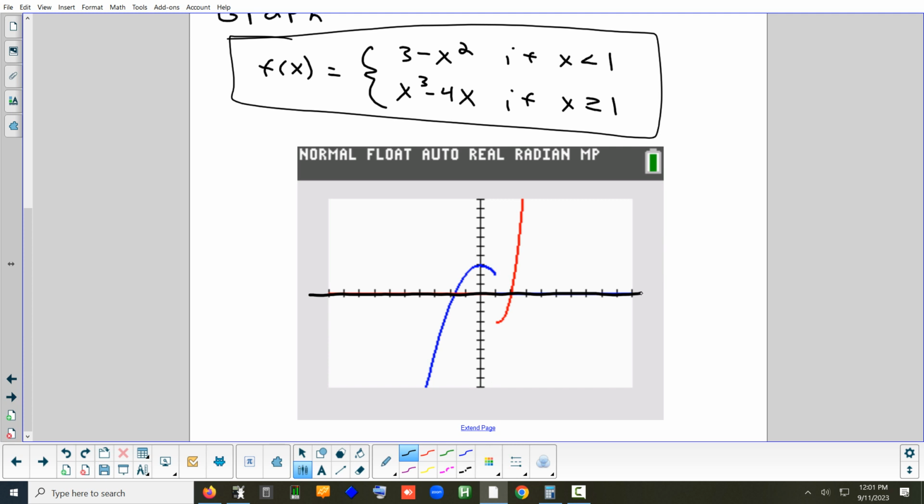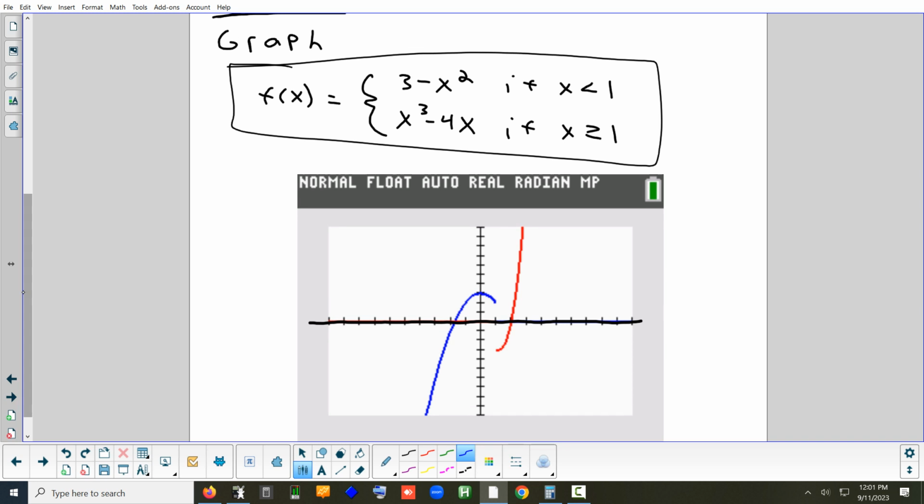Now, there's one other thing that it's kind of a little detail, but it's important. In the top one, x is less than 1. Would that be an open circle if you graph it, or a closed circle? Open. So technically, there should be an open circle on the end of that graph in blue, indicating you cannot equal the number 1. Now, how about the red one?